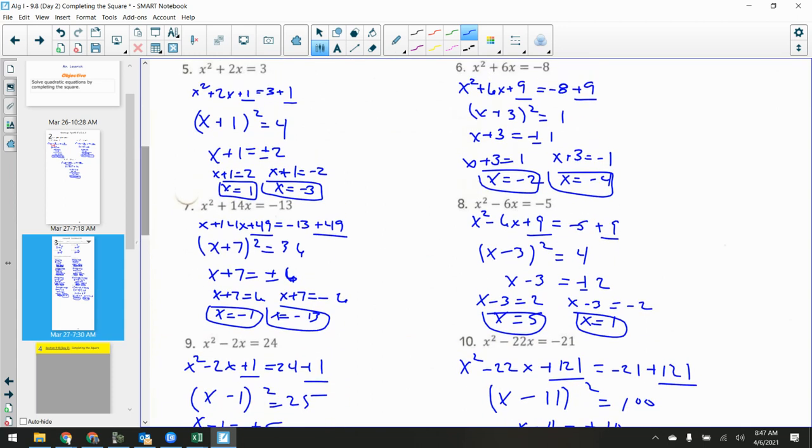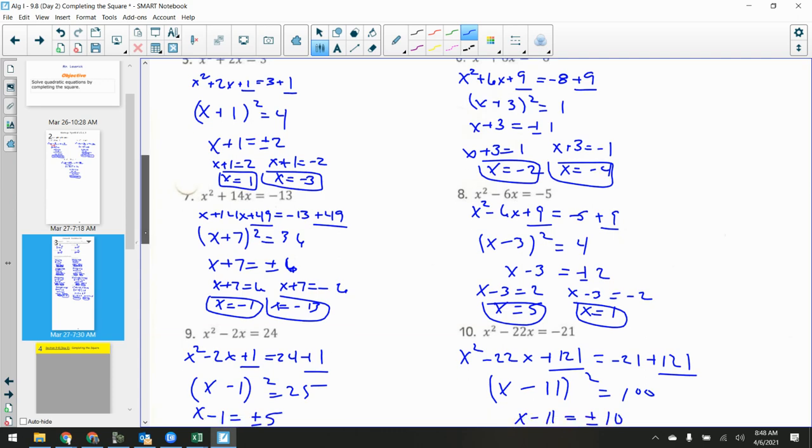So there's the answers for 7 and 8. Sorry for my poor handwriting on this. It looks like it was an old key. This is my old tablet. And then let me scroll down a little bit more.